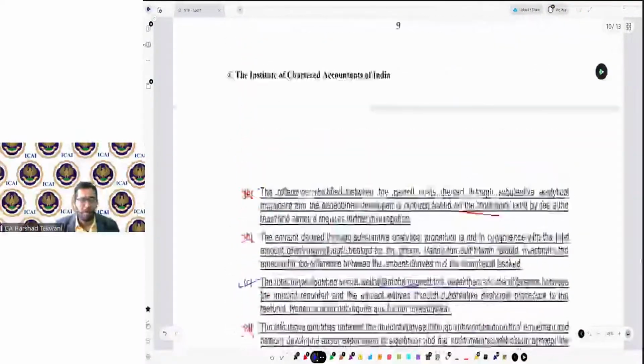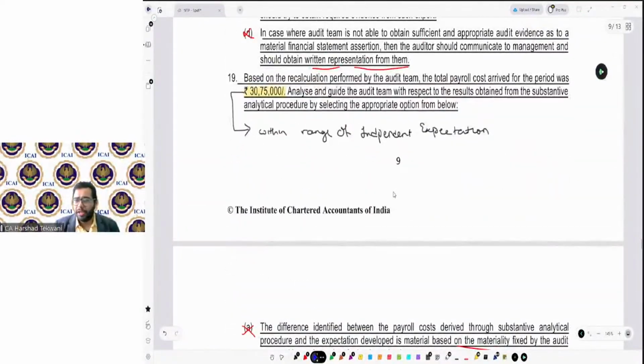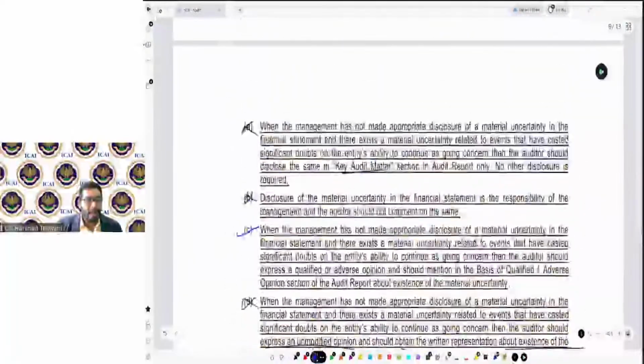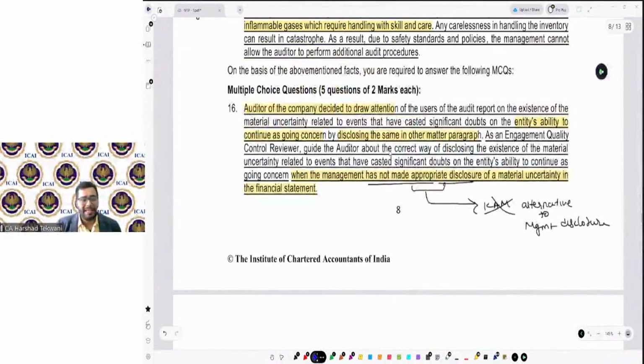This is related to the reporting of material uncertainty under SA 570, the going concern paragraph. When I'm expressing an opinion with respect to the material uncertainty, if I identify any such event where there is a material uncertainty, management needs to disclose that material uncertainty.